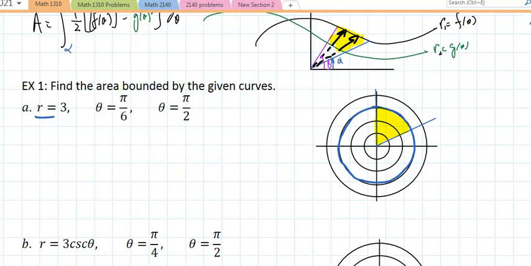I could use the area of a sector. I could say the area is 1/2 r squared, we know r is 3, times the angle. If I run from pi over 6 to pi over 2, the actual angle will be pi over 2 minus pi over 6, which all over 6, that would be 2 pi over 6, which is pi over 3. Oops.